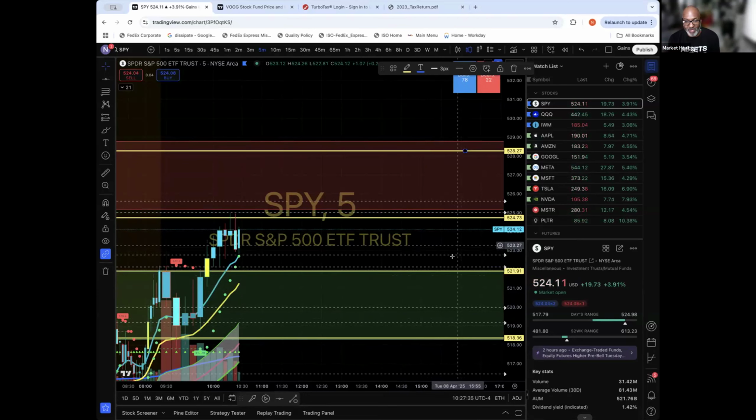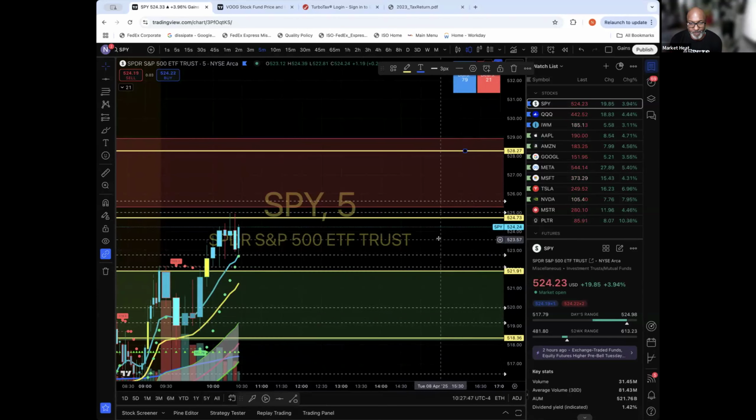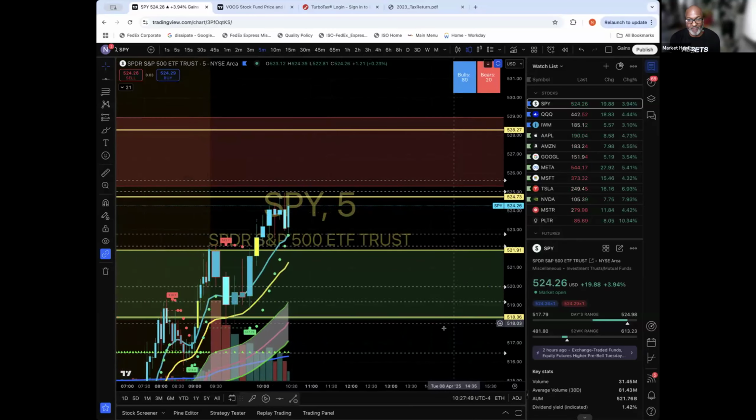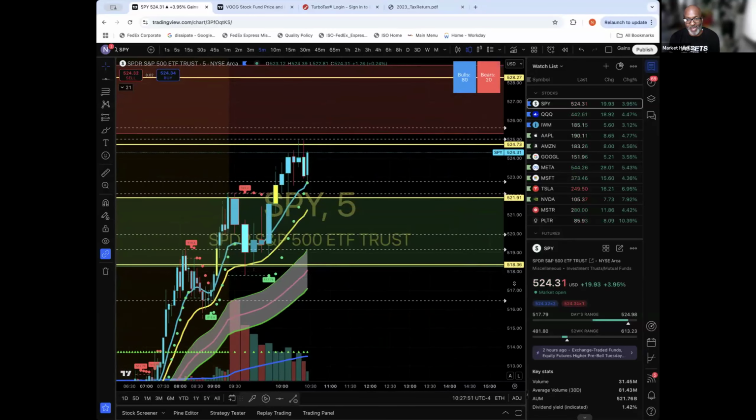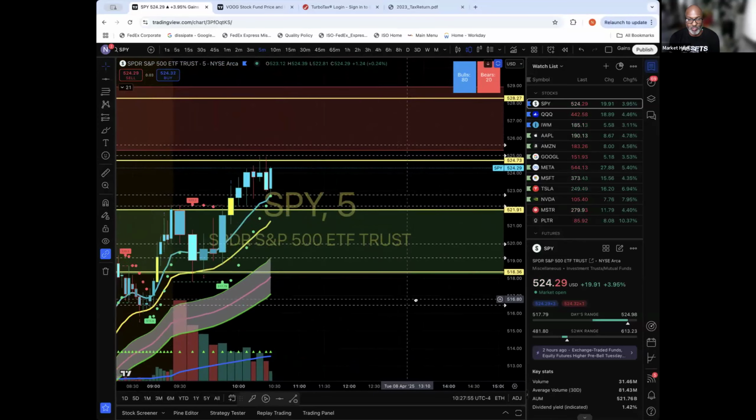All right. Now, I know right now my chart looks crazy because you see all of these lines. But again, when it's still and you start plotting out these levels, it all makes sense. So now what we simply have to do is sit back, be patient, and allow the market to do its thing.